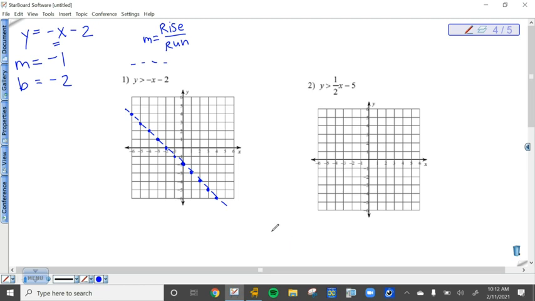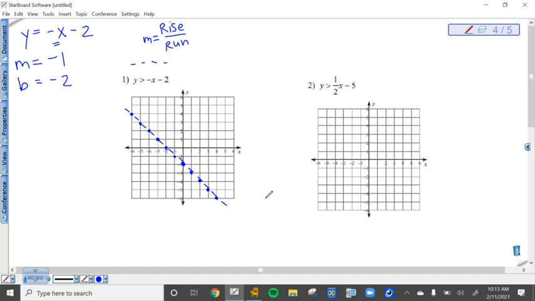But remember, the solution of an inequality isn't just a line, it's going to be half of the graph. So it's either going to be down here in the bottom half of the graph or this top half. What we do is pick a point that's not on the boundary, and decide if it's true or false.